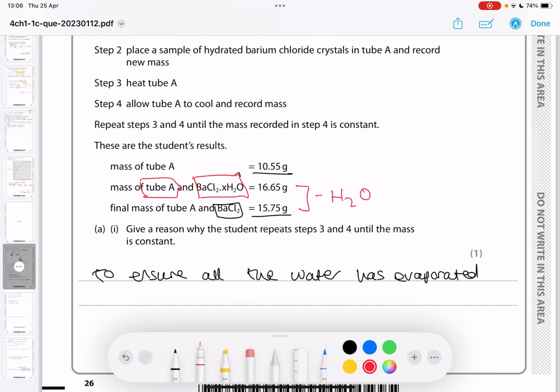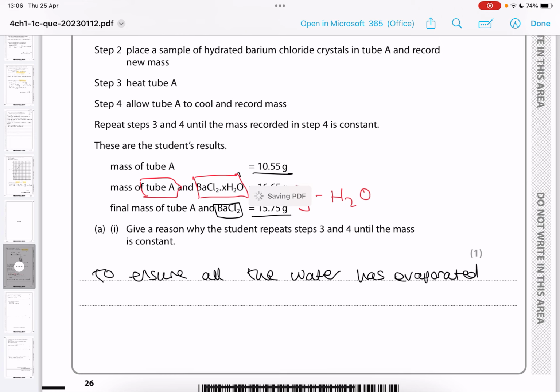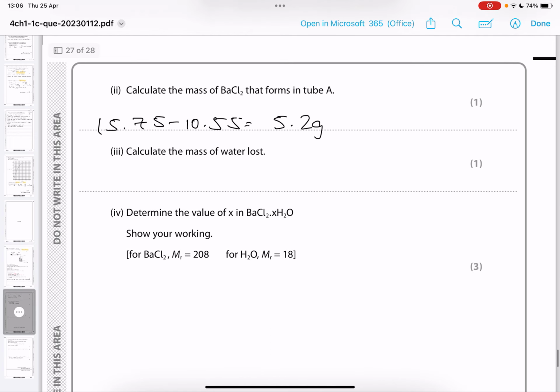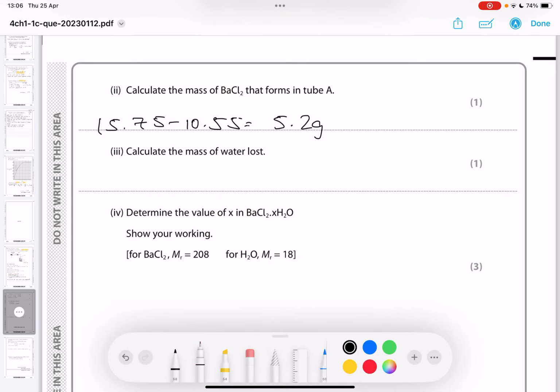Okay, so it's going to be 16.65 minus 15.75. And that should give you an answer of 0.9 grams. Okay.